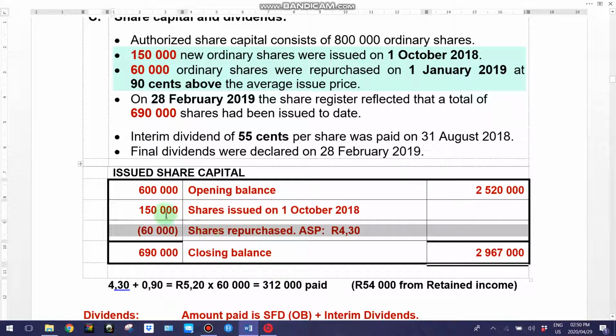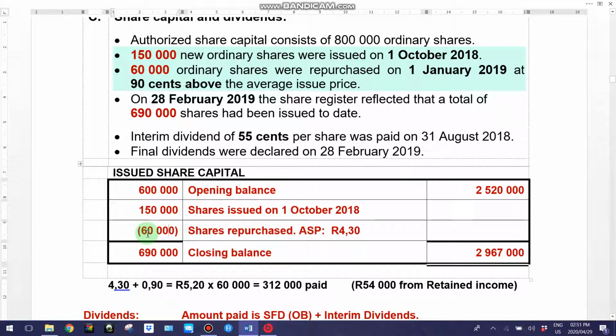If your share buyback was before the new shares issued, then you can't use this. You can only use your closing balance to calculate your average share price if the share buyback is the last transaction on this note.